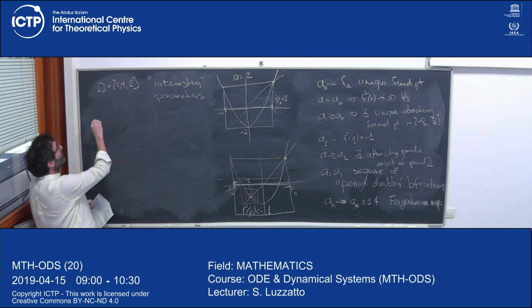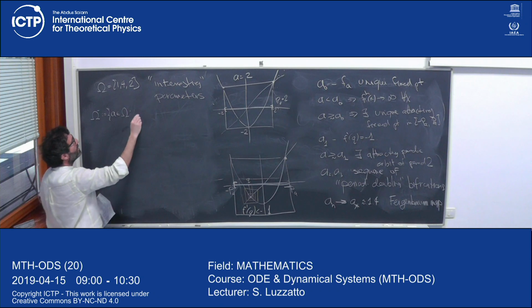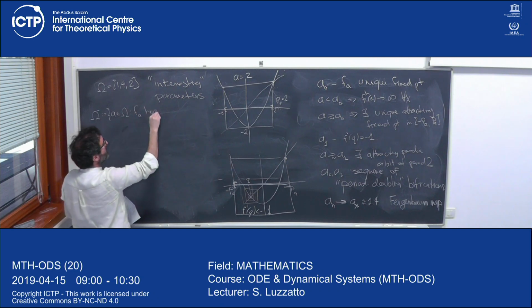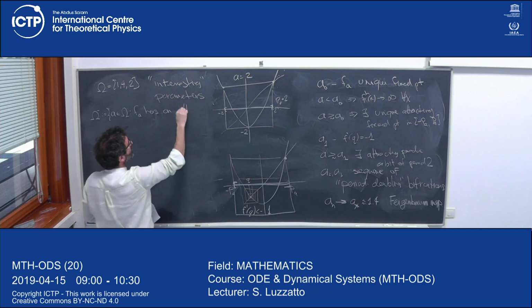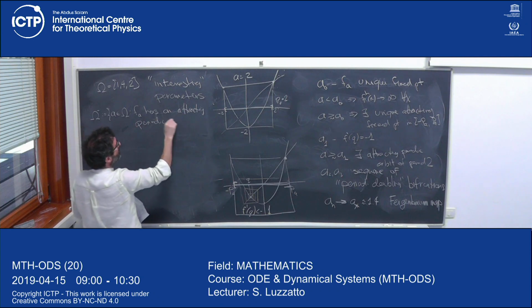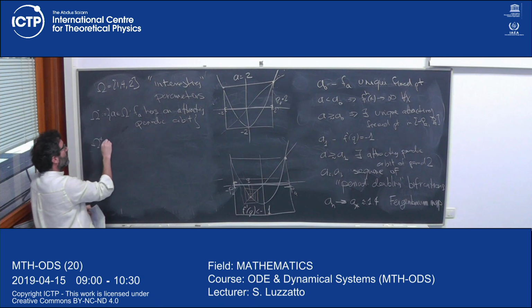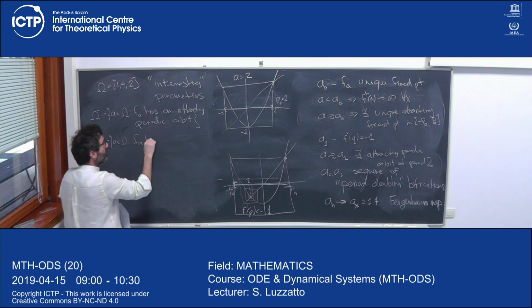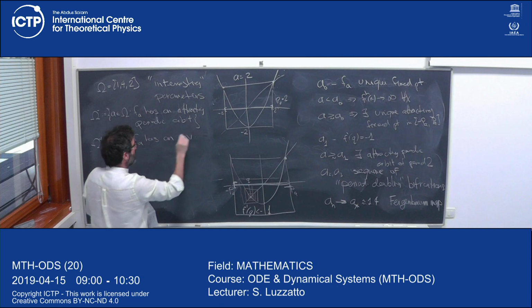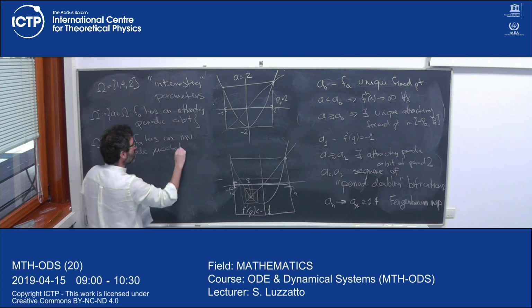It turns out that, let's define omega minus as the set of parameters a in omega such that f_a has an attracting periodic orbit. And omega plus is the set of a in omega such that f_a has an invariant ergodic measure mu absolutely continuous with respect to Lebesgue.